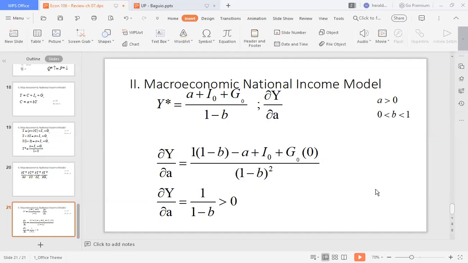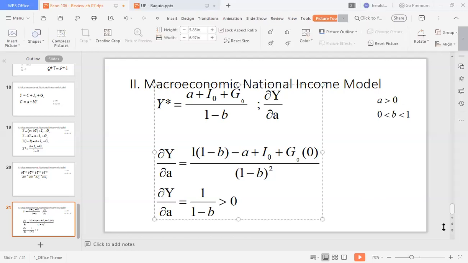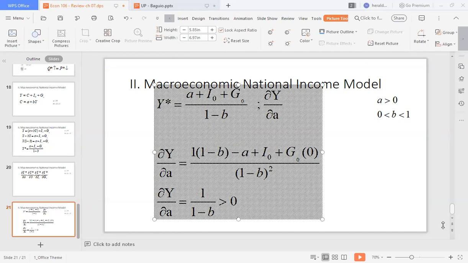Okay, so just to add to our economic analysis for this one, A here is again our autonomous consumption. So that is the intercept of the consumption expenditure. So in that case, class, because it is positive, we know that they would move in the same direction.